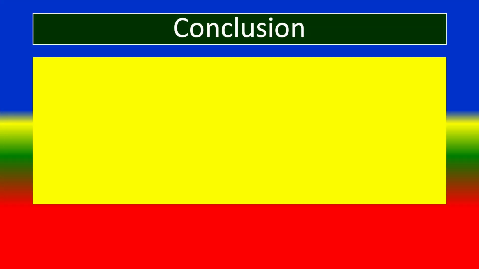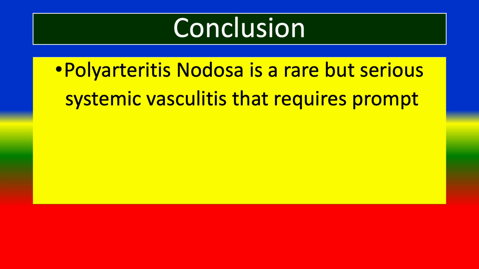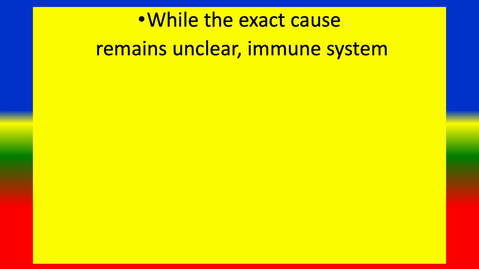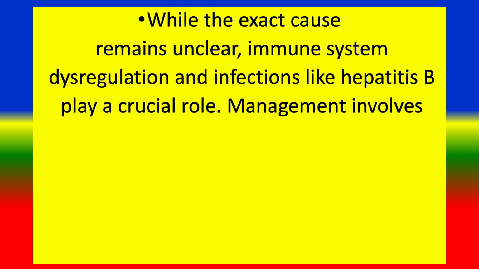In conclusion, polyarteritis nodosa is a rare but serious systemic vasculitis that requires prompt diagnosis and treatment to prevent complications. While the exact cause remains unclear, immune system dysregulation and infection like hepatitis B play a crucial role.